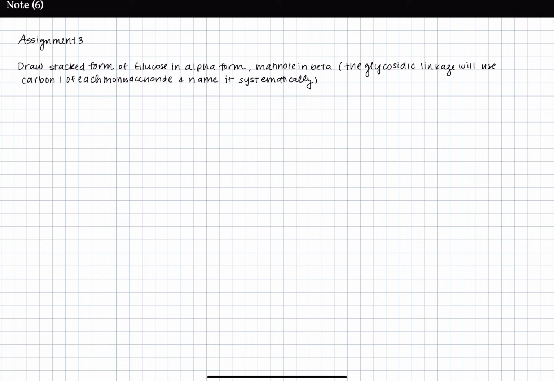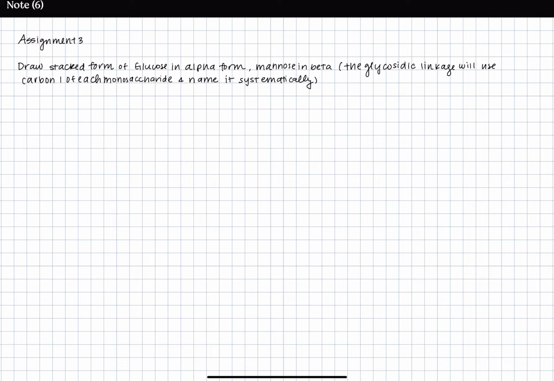complex carbs. So when naming, I think it would be best to start off with the Haworth projection, and then we can determine which is going to be the reducing and non-reducing end. Sugars that react with oxidizing agents are called reducing sugars, and the ones that do not are non-reducing sugars.